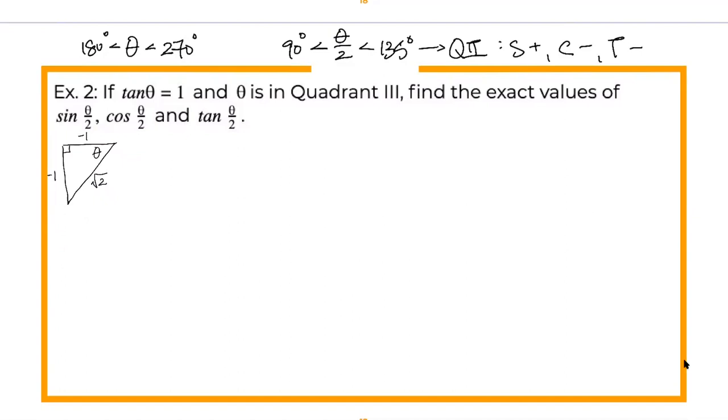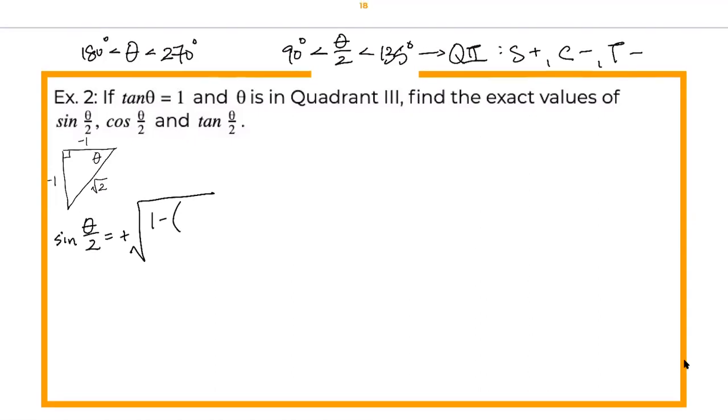Okay, let's use our formulas to find our half angles. Sine theta over 2 equals positive square root of 1 minus cosine theta over 2. Cosine theta in this case is -1 over root 2.